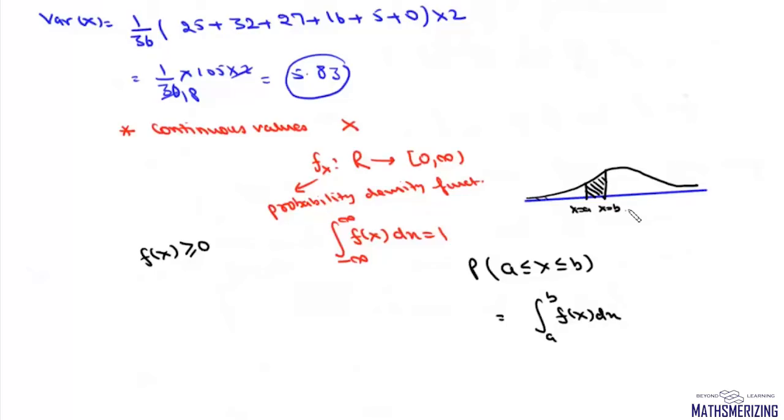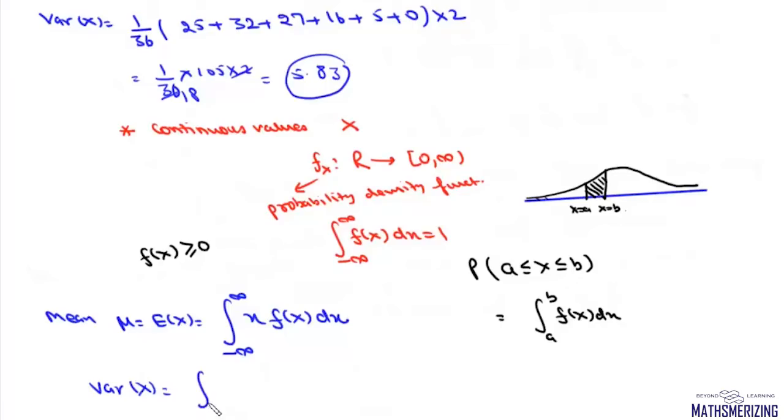Now for continuous random variables, we can define its mean mu or E(x) as the integral from minus infinity to plus infinity of x into fx dx, and its variance will be the integral from minus infinity to plus infinity of (x minus mu) square into fx dx.